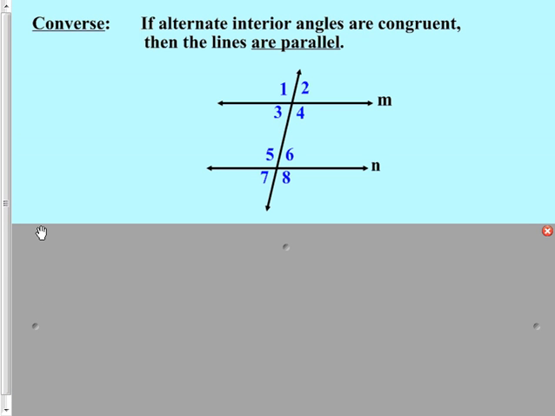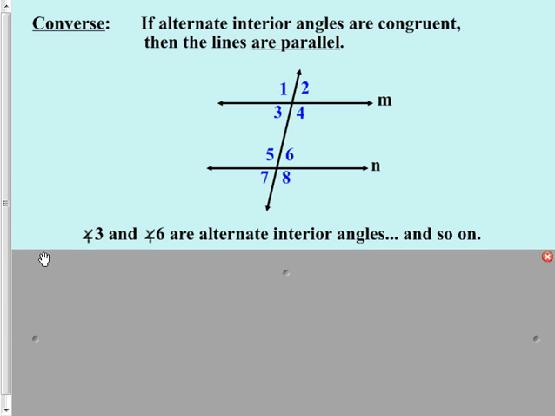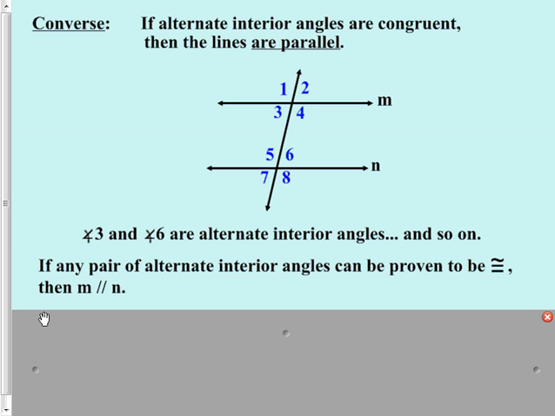Once more, using that same diagram from the first page, we need to correctly identify where our alternate interior angles are. They would be angle 3 and angle 6, and also angle 4 and angle 5. The converse is basically telling us if you can find any pair of alternate interior angles that are congruent, then your lines are parallel.